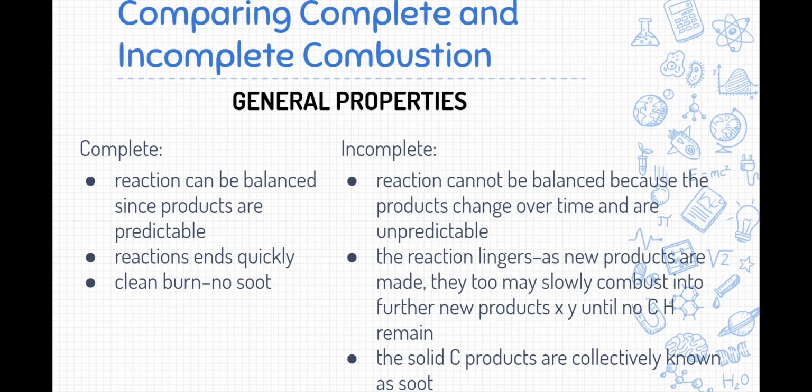That's just a perfect example of an incomplete combustion reaction where the reaction lingers. The reactants take a very long time to break down, and you get a really orange and yellow flame. And then we call any sort of leftover carbon which is produced soot.